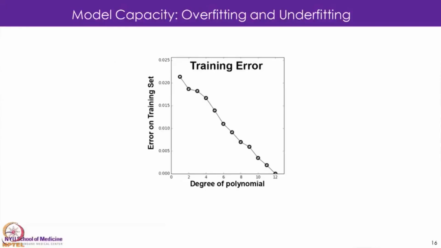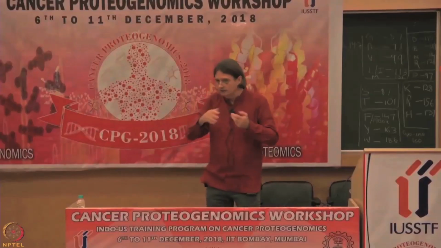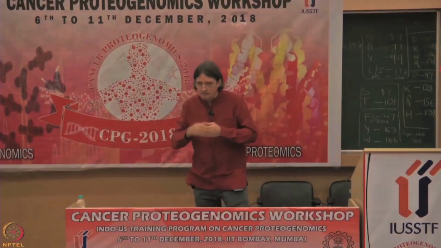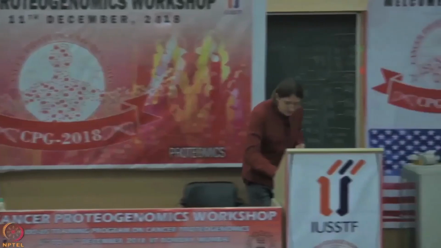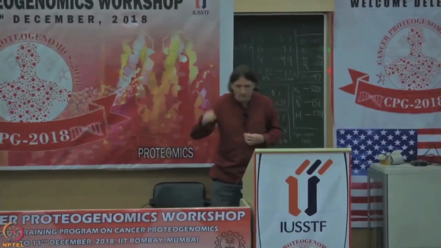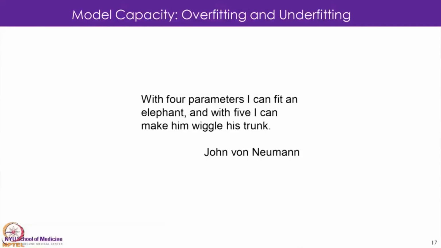So going back to here, we know that in a training set, if we make our function complex, we can have the error go down to 0. But of course, this is meaningless because we have just made an overly complex fit to all the noise in our training data. Because of this, a long time ago, Johnny von Neumann said that if you give him 4 parameters, he can fit an elephant to any data, and with 5, he can wiggle his trunk.